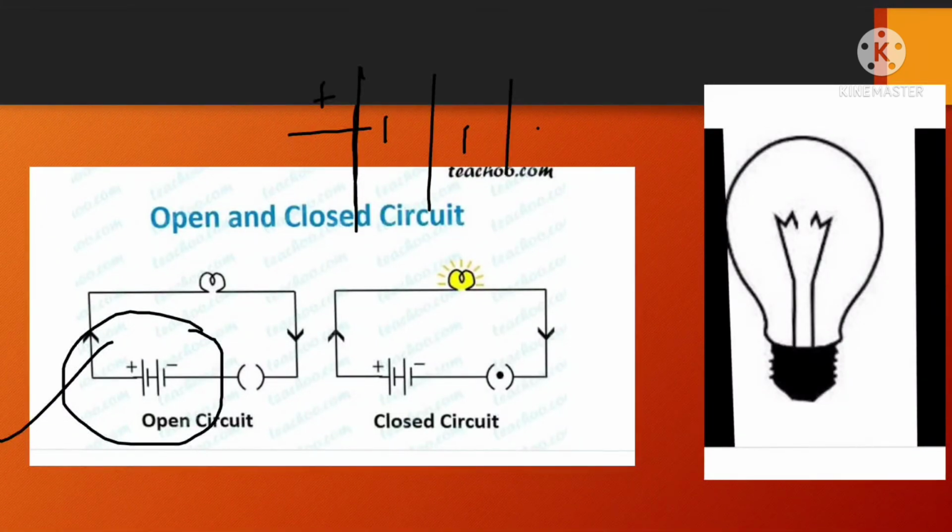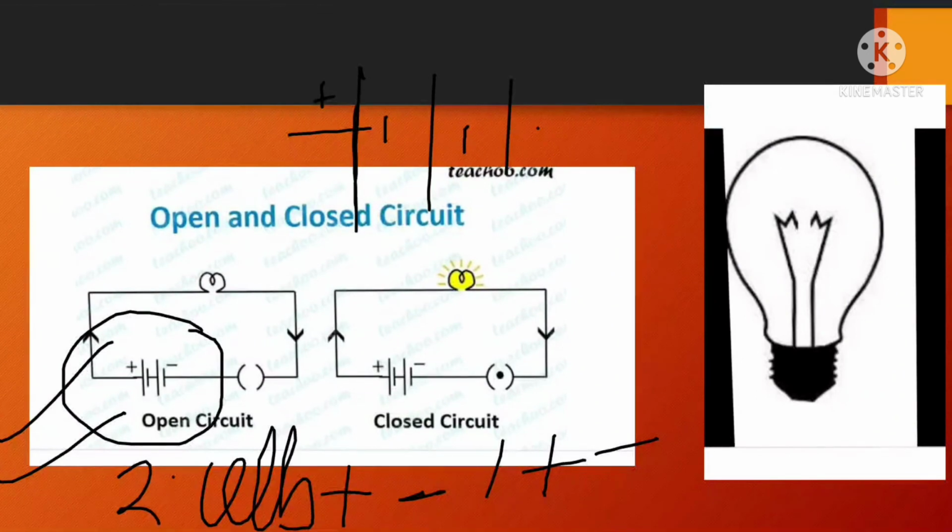Now can you tell me how many cells are there in this? So just see, one cell means 1 plus and 1 minus. Then the other cell means 1 plus and 1 minus. So in this case, how many cells are there? 2 cells. Okay? Clear? Clear open and closed circuit? Very good. Can you see the bulb?